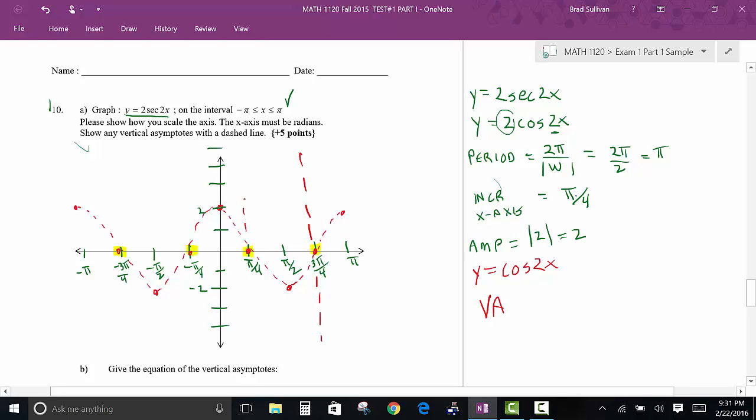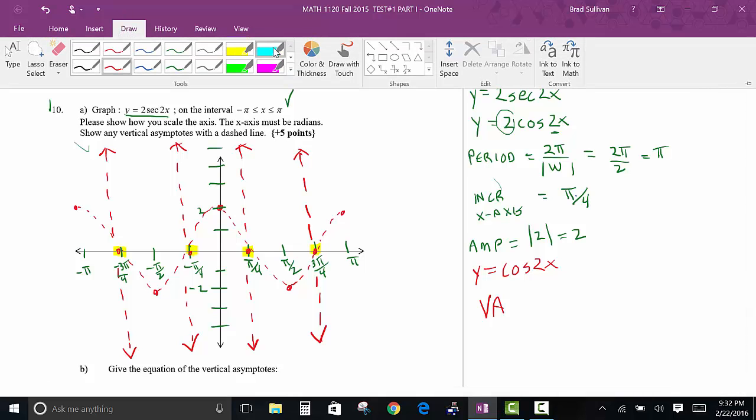Here's the second vertical asymptote. And then you have another asymptote at negative pi over 4, like that. And you have a final asymptote right there. So you want to get all those asymptotes put together. You should put little arrows on those things technically.